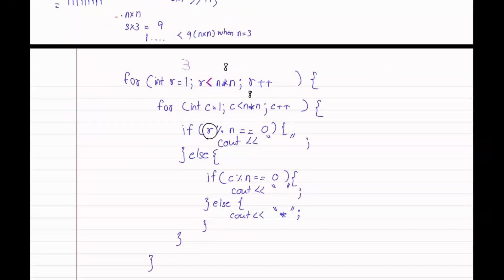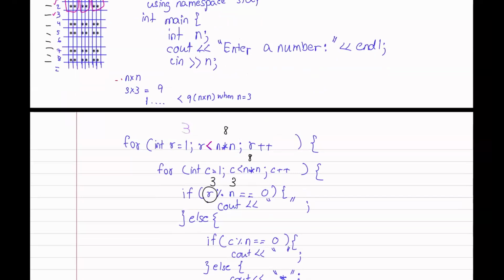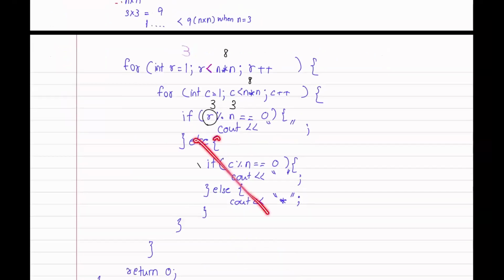Row is 3 and n is 3, so 3 divisible by 3 is 0. You print the space, and you don't need to do anything else. It doesn't matter what the column is, 1 or 2 or 3 or 4 or anything. As long as the row is divisible by 3, just print the space.